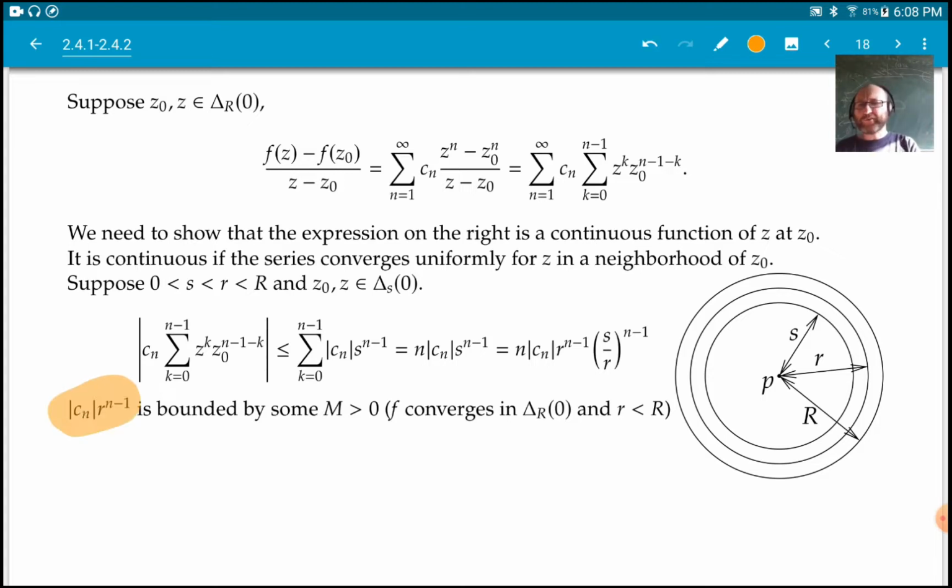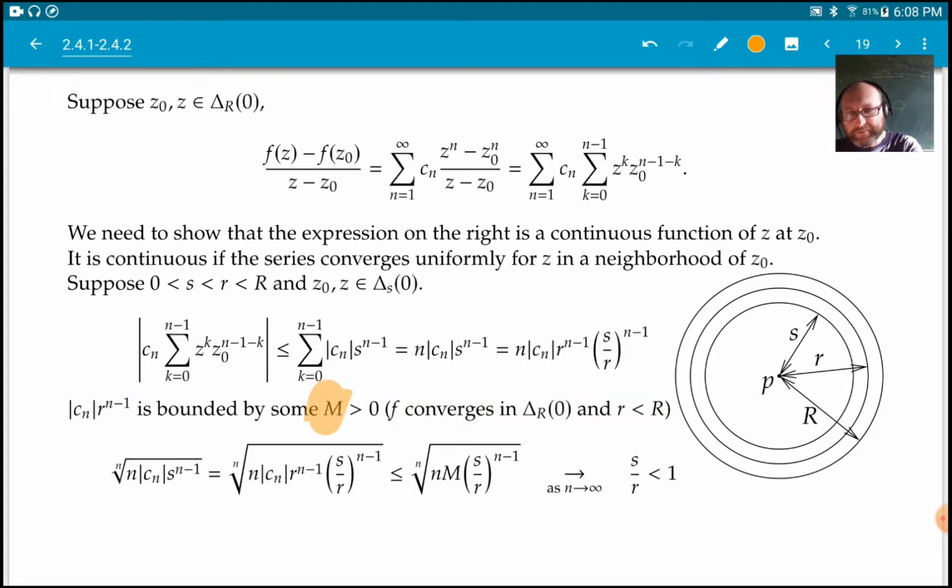I guess the proposition that we proved was that it had r to the n, but it doesn't really matter. If the r to the n guy is bounded, this guy is bounded as well, because f converged in the disk of radius capital R. I wouldn't be able to do it with capital R here. I need something smaller. But little r is strictly less than capital R, so I have a bounded sequence, bounded by some M.